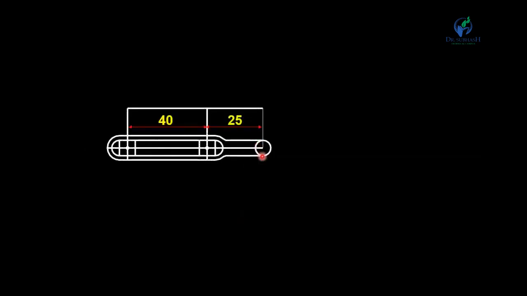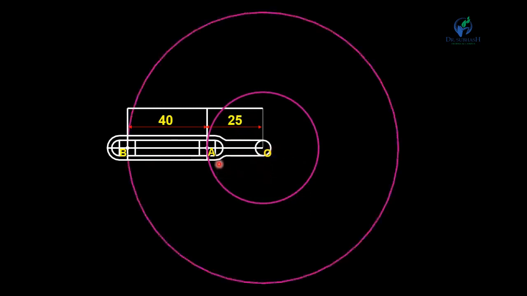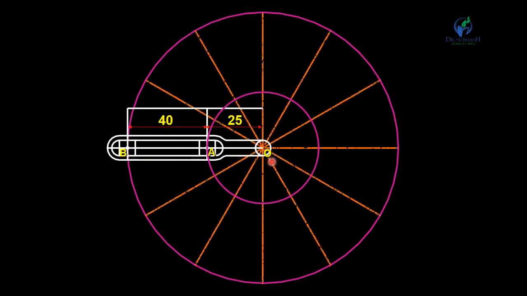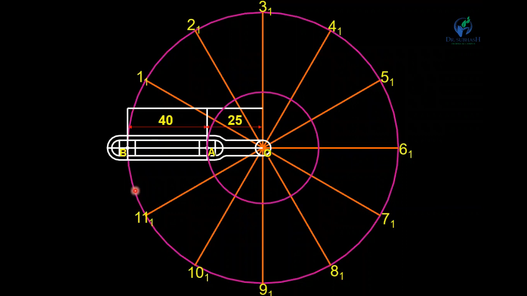So you can see here the link O as a center, this distance is 25 mm, OAB. Now first of all draw a circle of radius 25 mm and another circle of radius 40 plus 25, that means the 65 mm. Now divide this circle into the 12 divisions. Okay, 1, 2, 3, 4 up to 12. Right?